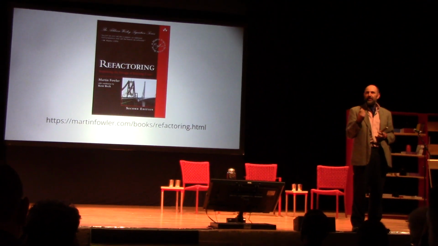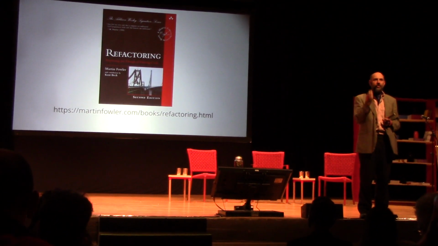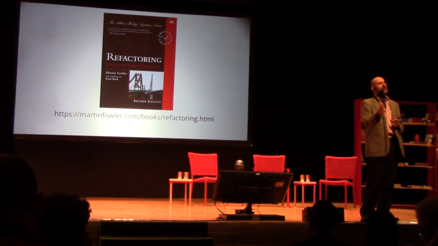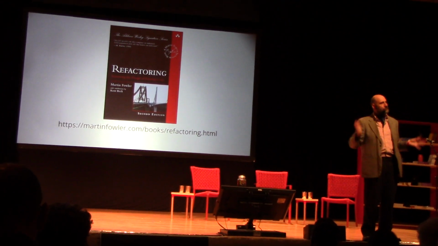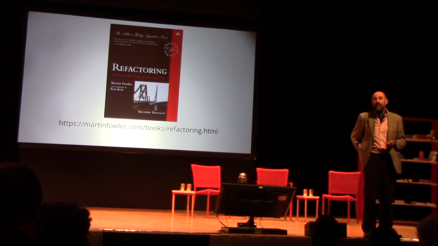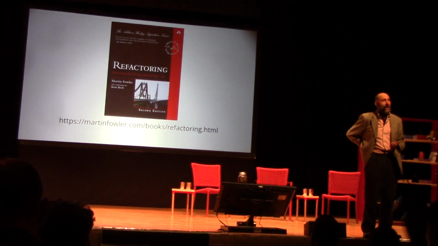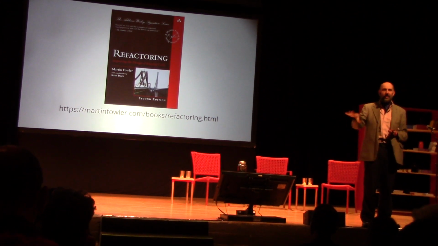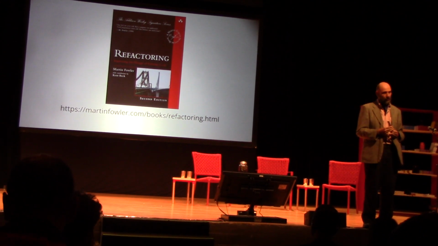But I felt with a technique like this, it was better to start with a very concrete example, show people what it looks like, and then in a later chapter, I talk about the broad principles. And that seemed to work. People were happy with that in the book, as it turned out in practice. And so I retained that same structure for the second book.